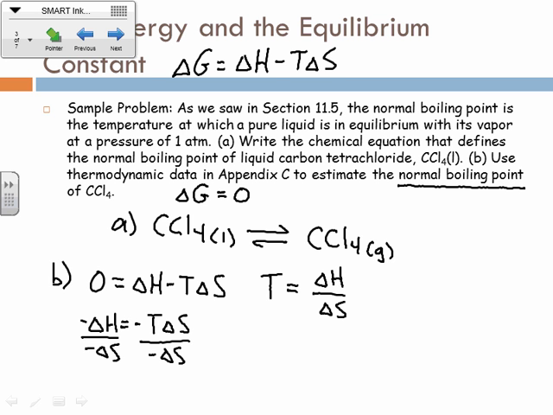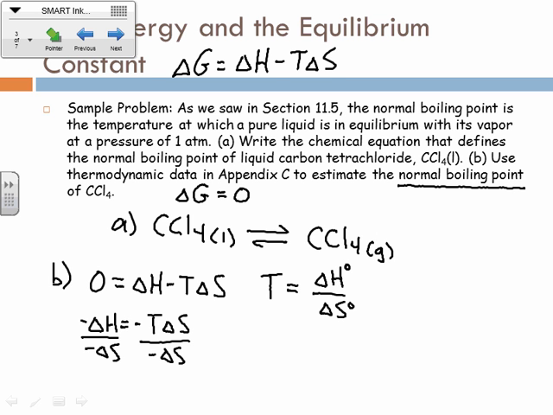But this delta H and this delta S are not necessarily at standard conditions. The assumption we made yesterday is that the delta H and the delta S don't change that much based on temperature. So if we look up the delta H 0 and the delta S 0, then we can at least approximate. It might not be exactly right, but it's going to be close.